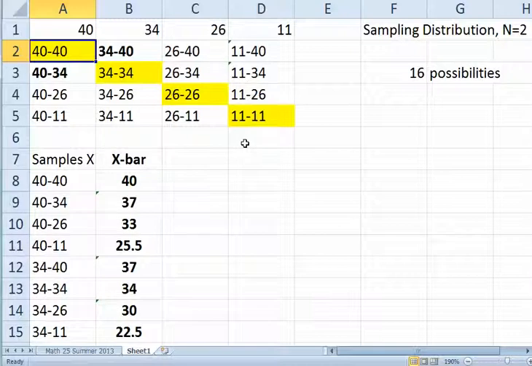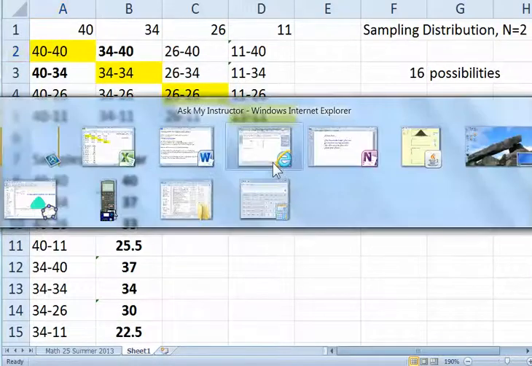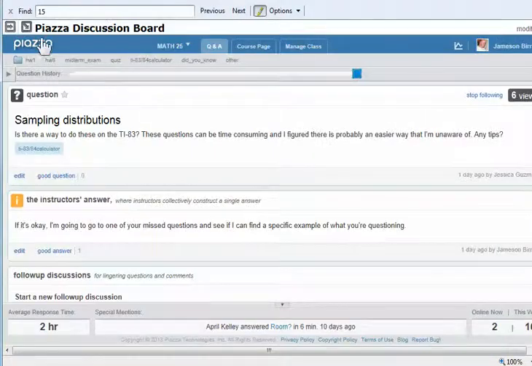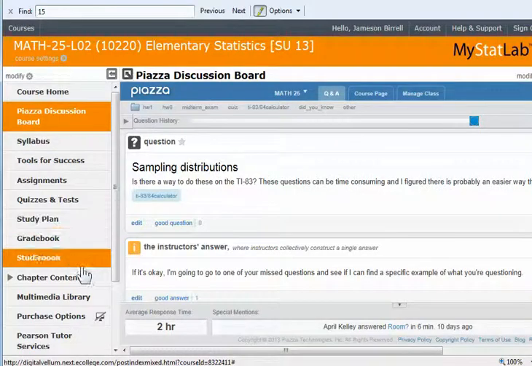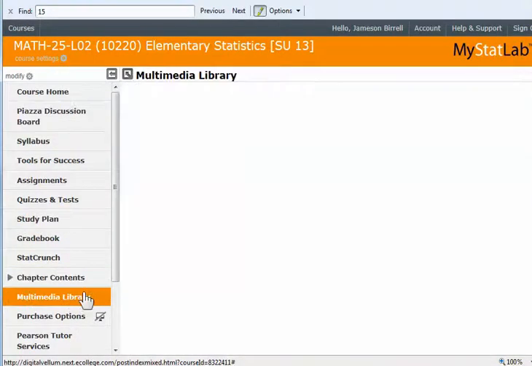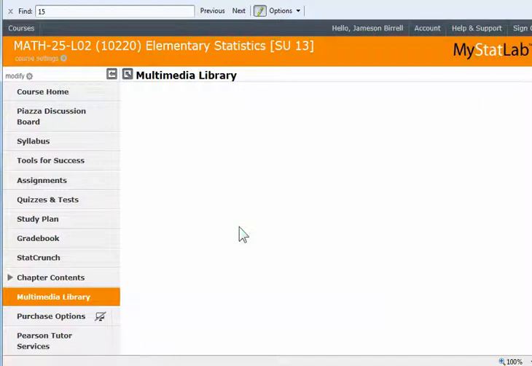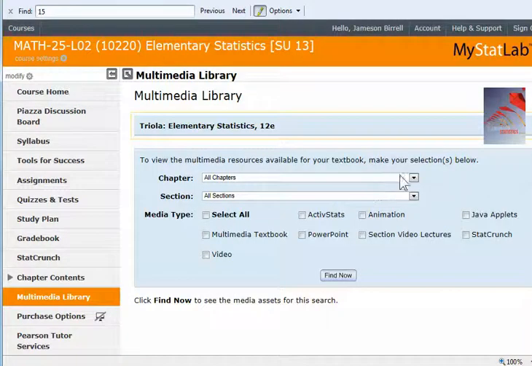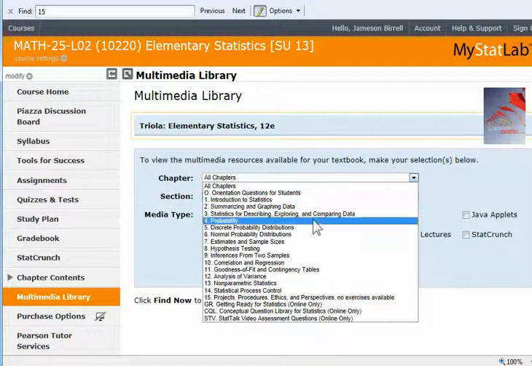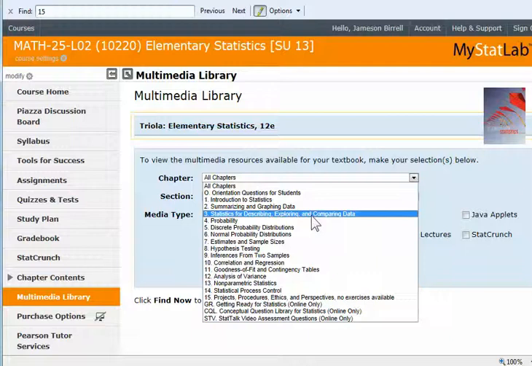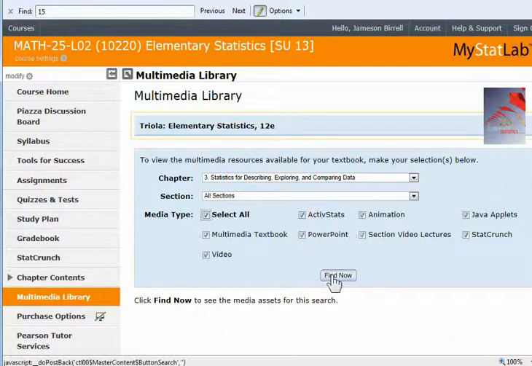And for a great video on that, if I may point this out right now, go into the multimedia library under chapter 1, chapter 2, I guess.